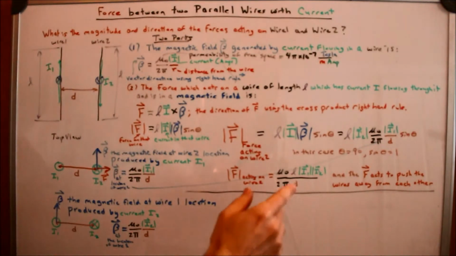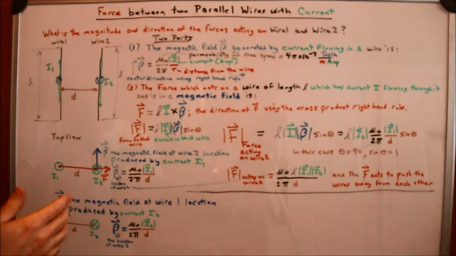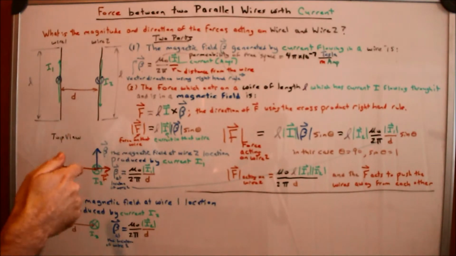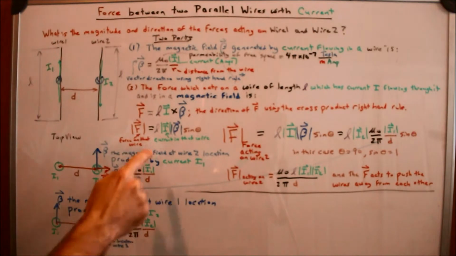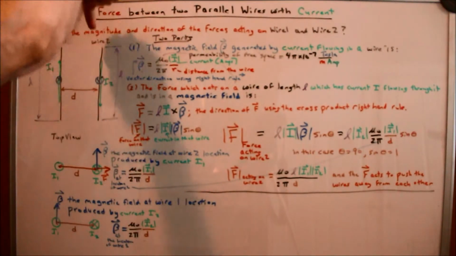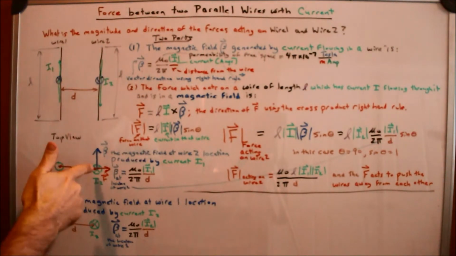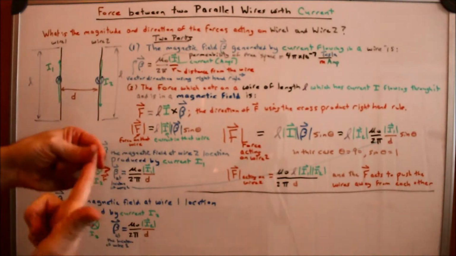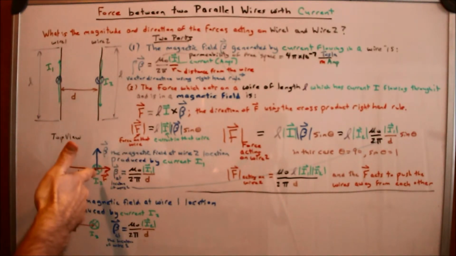So we know the magnitude. Let's think about the directionality now. Top view, the first thing we worry about is the first term in this cross product, which is the current. The current's flowing down from the side view, so on the top view, the current's flowing into the board. So that's my first direction. My index finger is pointing in that direction. That's my current direction.